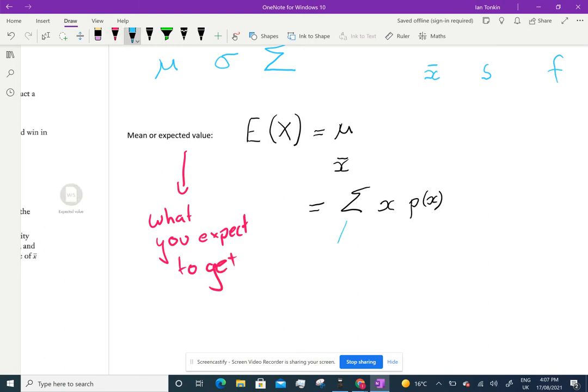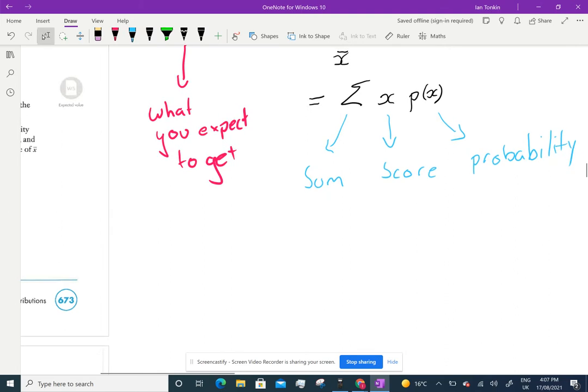Well, that means sum, and that's just your score in your probability distribution table, and that is a probability. So what does that mean? It means what you're going to do is you're going to sum all the scores times the probability. Now, if you think about it, that's what you do to calculate the mean.